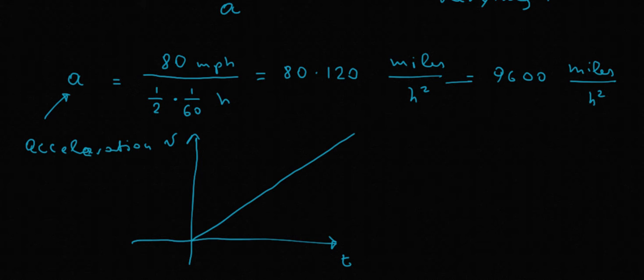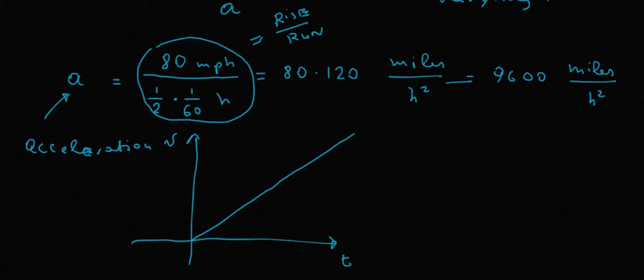In fact, you will recognize that the formula we used for calculating the acceleration is essentially the formula of taking the rise and dividing it by run. The rise in this case is the increase in speed, 80 miles per hour, and the run is the time interval over which this increase in speed was achieved.